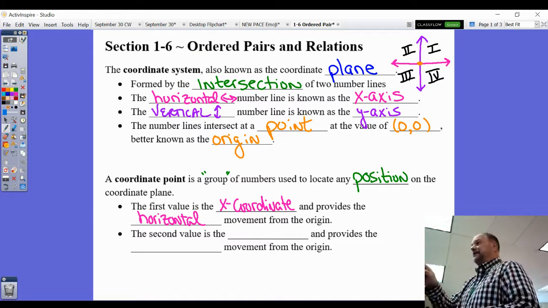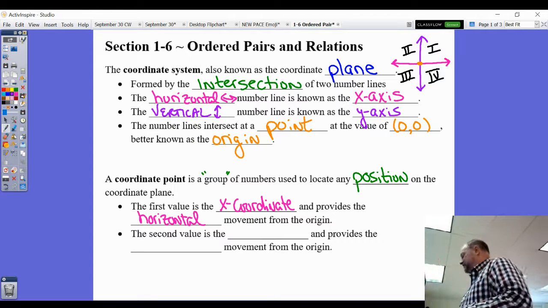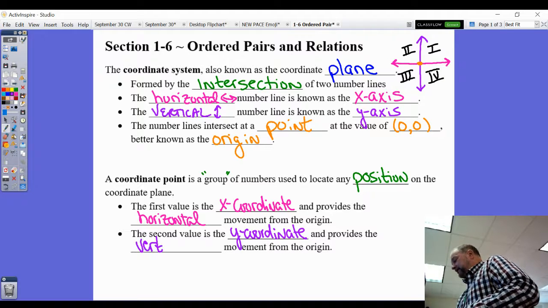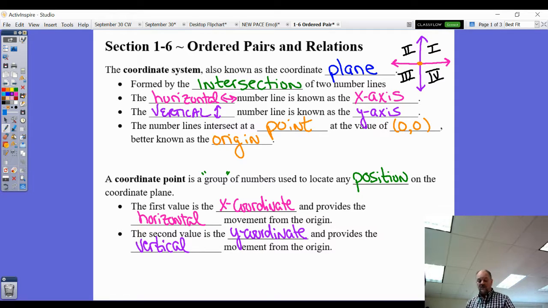On the other hand, the second value is the y-coordinate, and that tells me how to move vertically. So that's the vertical movement. Again, not from a particular spot, but from the origin every single time. So your coordinate point, or what's called a coordinate pair, looks like this.